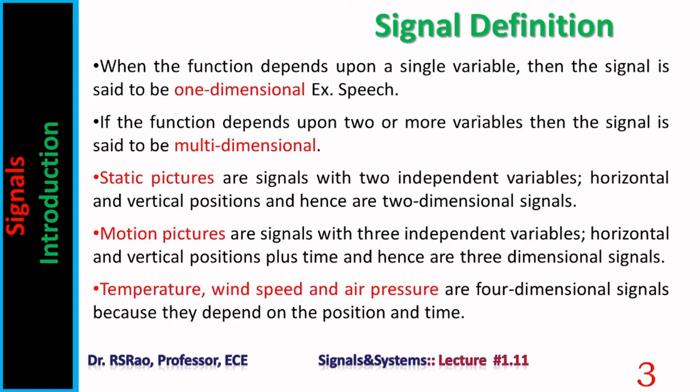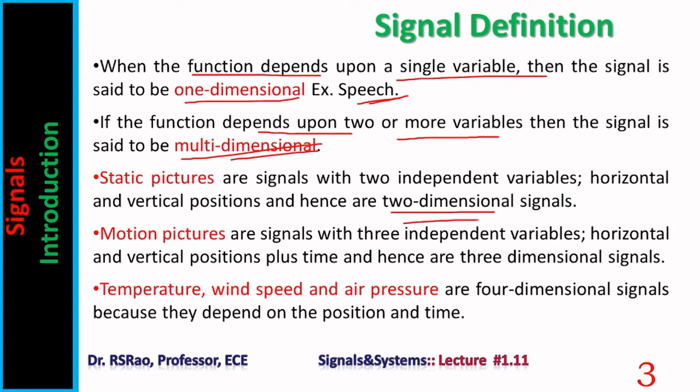Some more points regarding the signal definition. When the signal depends upon a single variable, then it is called a one-dimensional signal. Speech is an example. Speech is a kind of sound. If the function depends upon two or more variables, then the signal is said to be multi-dimensional. Static pictures are examples of two-dimensional signals.